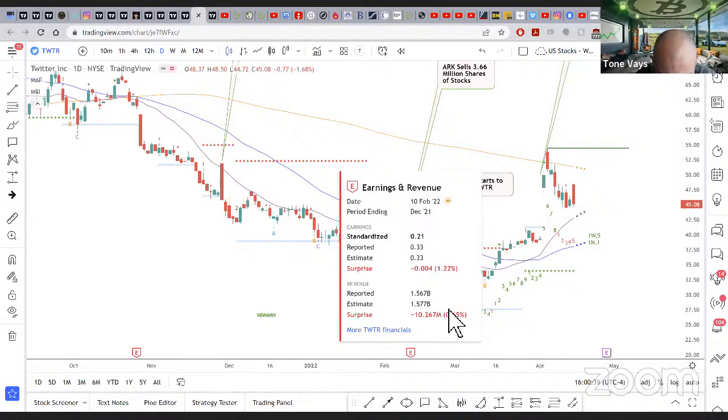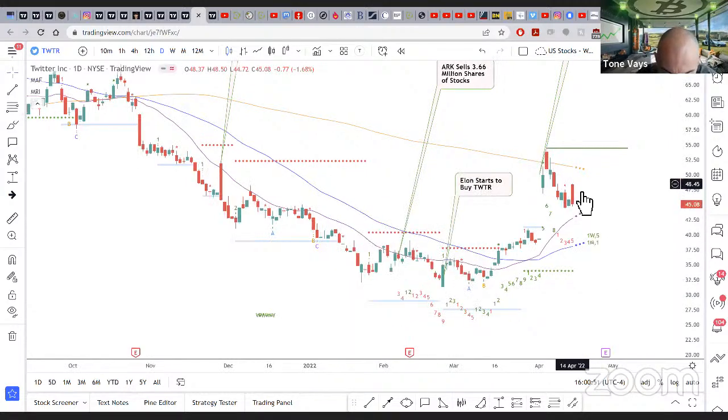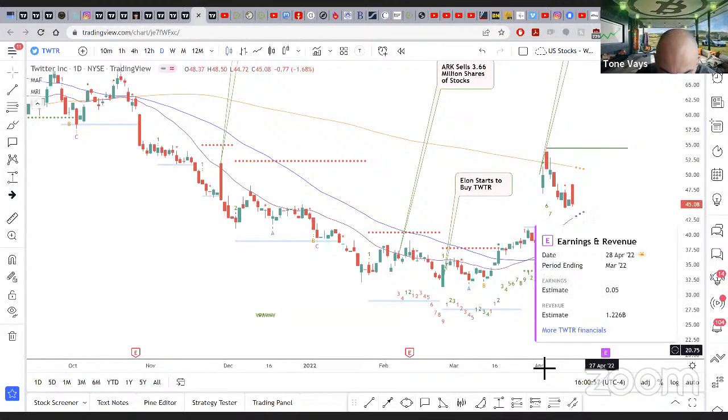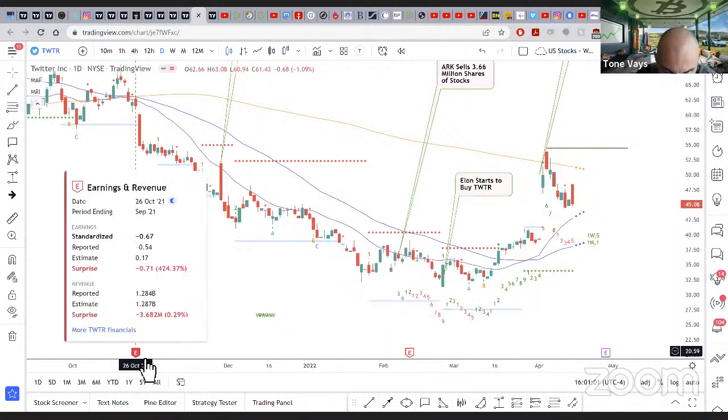These are very, very small differences, okay? Look, 0.65%, 1.22% miss, that's nothing, okay? Absolutely nothing. But now the price is significantly higher. So because the price is significantly higher, these earnings need to be infinitely better than the last couple of earnings, okay?